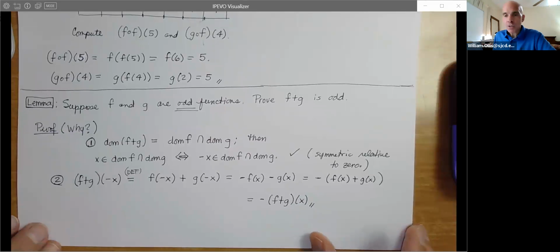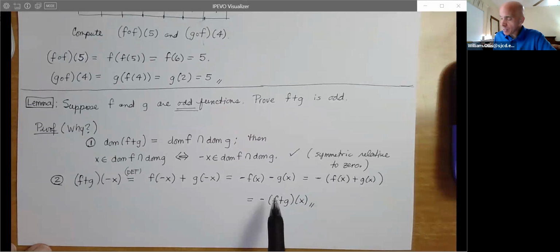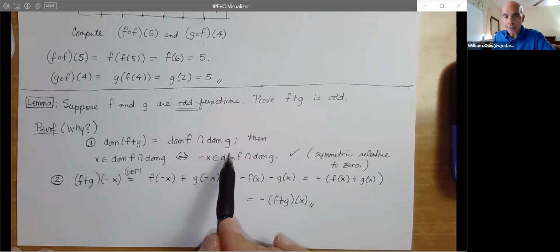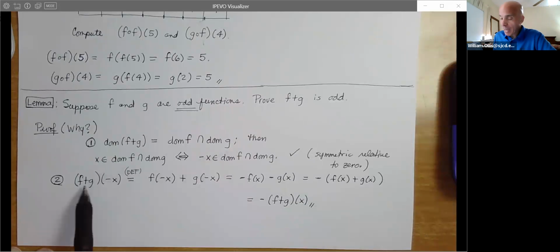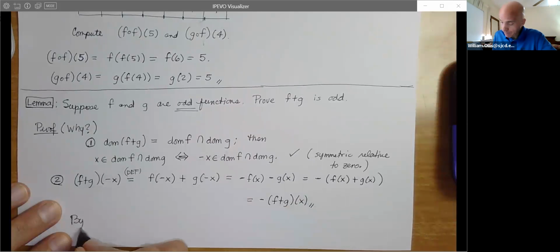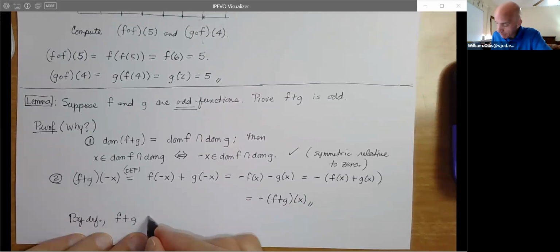Now, as we work through this, we see that we have a symmetric domain for free, and then we have f plus g of negative x is the negative of f plus g of x. So that tells us that f plus g must be odd also. So by definition, f plus g is odd.